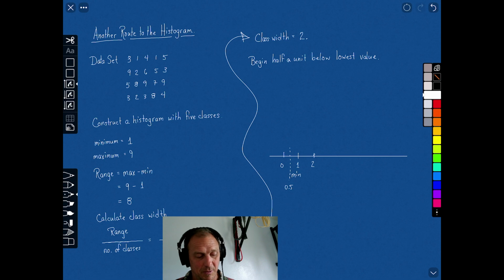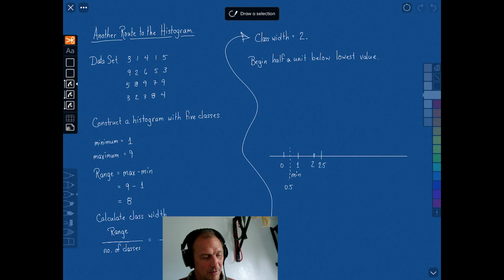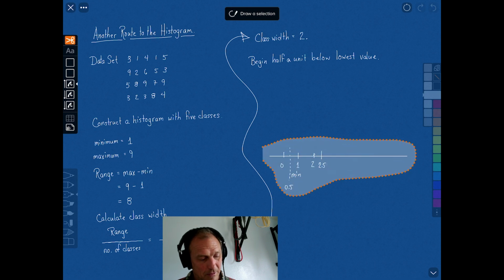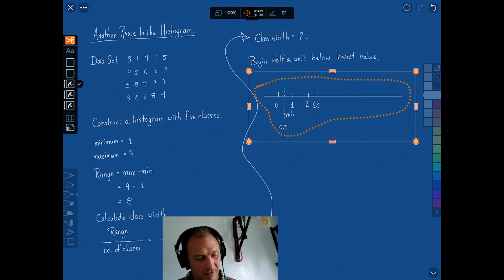And then from there we would go 2 units, so we go here to 2.5. And the next one, and you can see my scale is a little bit off here, so let's just put that up here. And that's how we do this.